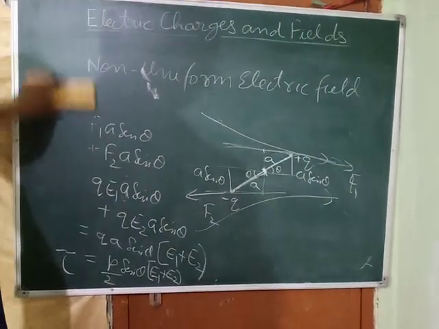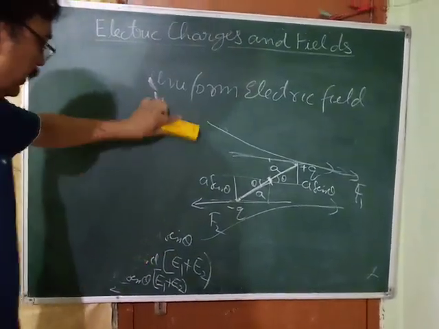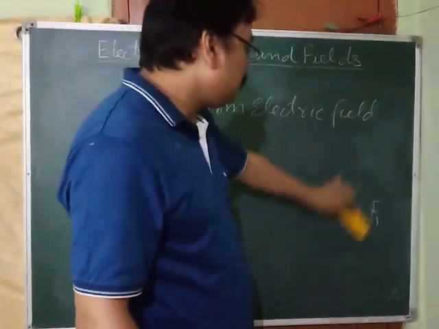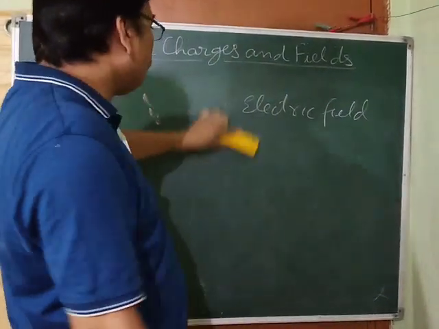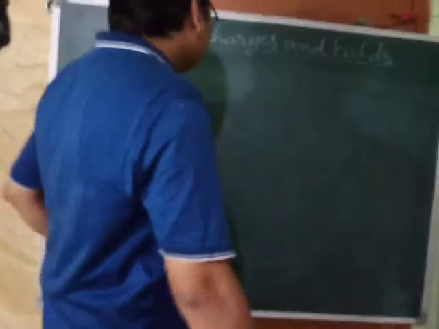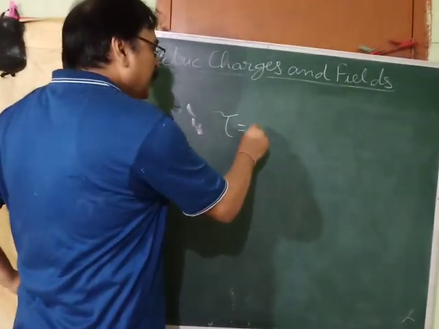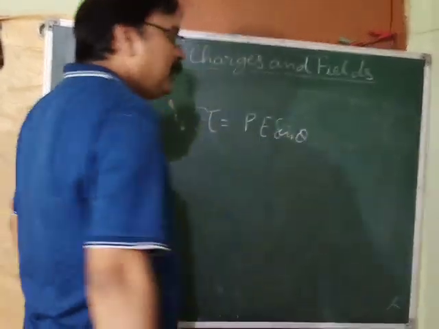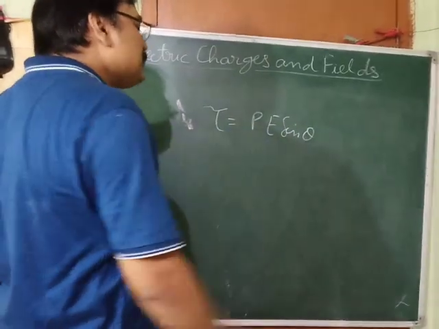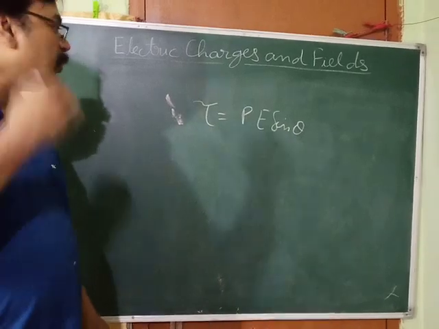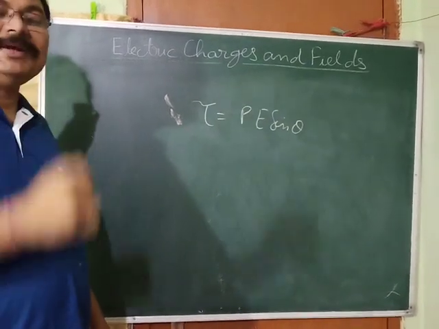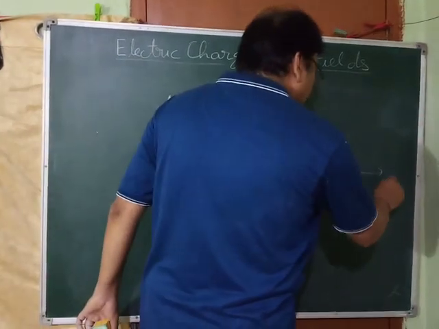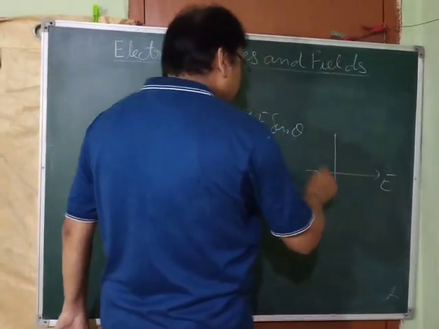Now, already we have discussed the torque acting in case of a dipole placed in a uniform electric field. In a uniform electric field, we are talking. So what expression did we get for torque? It is PE sin theta. Now, when can we say this torque is maximum? Obviously, when sin theta is maximum. When is sin theta maximum? When this is the direction of the electric field and this is the direction of the dipole moment.